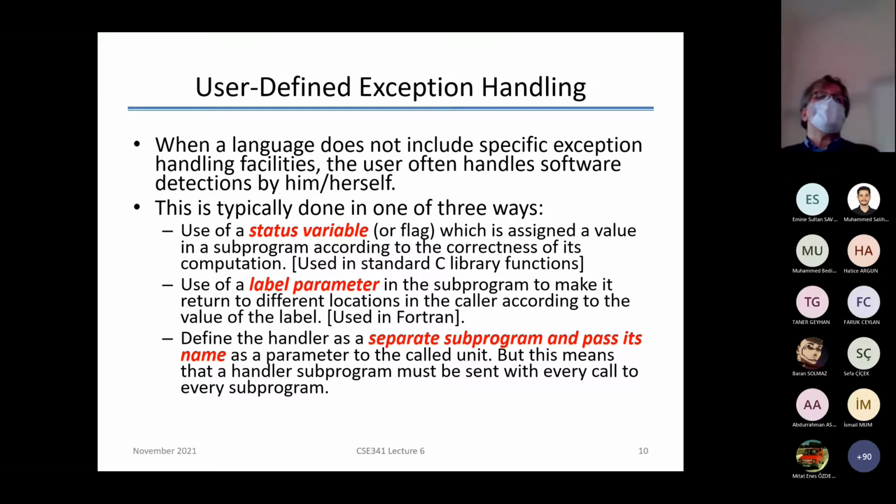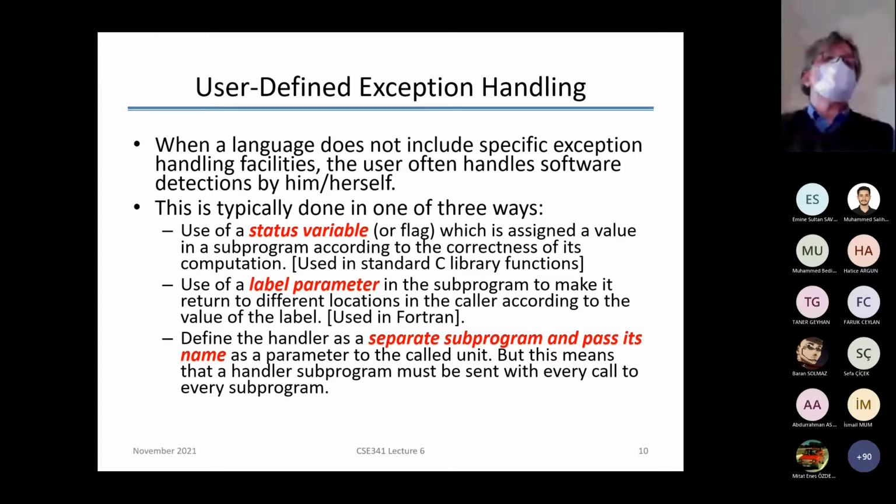You can use these techniques again to handle software detections and do the software detections by yourself, for these unusual events.